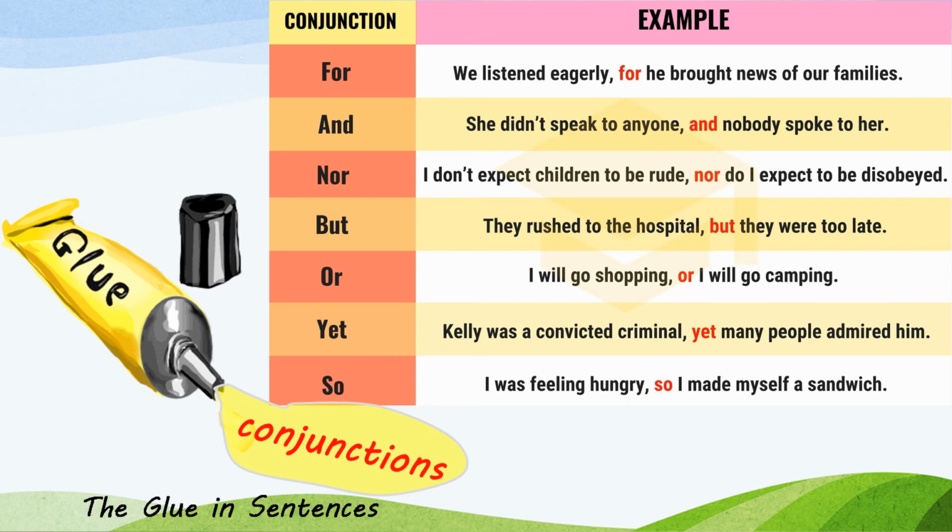So I used the conjunction for to join the two sentences or two ideas. Okay, let's see another one. For example, I will go shopping or I will go camping. I will go shopping is a separate sentence, and another one, I will go camping. But I'm not sure. That's why I use the conjunction or. Okay, and so on.